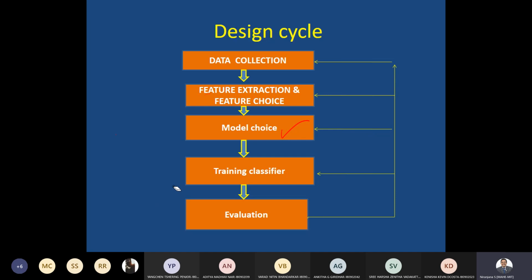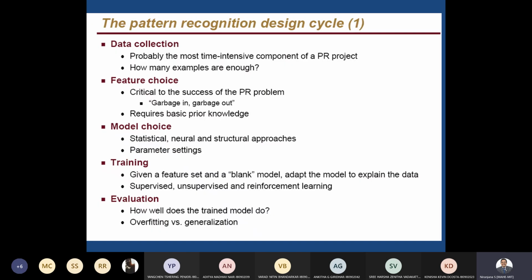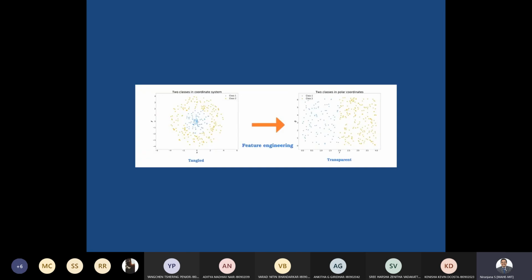So let us consider this and look into how we can go ahead. The intention here is, say suppose you have some kind of patterns which are distributed like this, maybe randomly distributed sometimes, right?